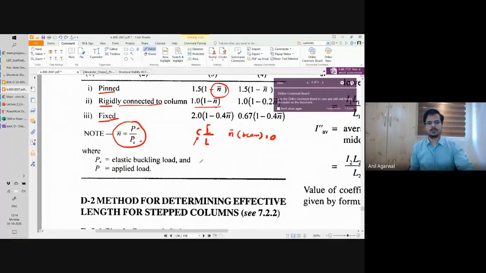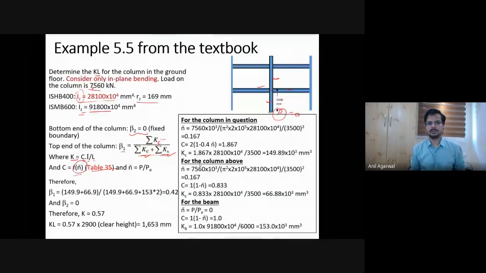Okay, now coming back to this. What we want to calculate is the effective length of this column. So for the effective length calculation, I need to know beta. For beta calculation, I need to know K of these members, this, and this. Okay.